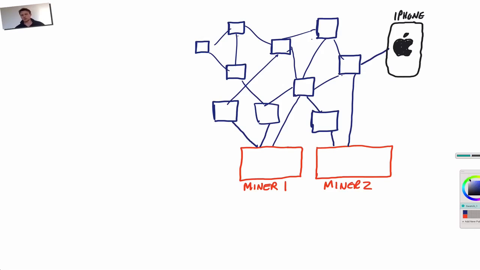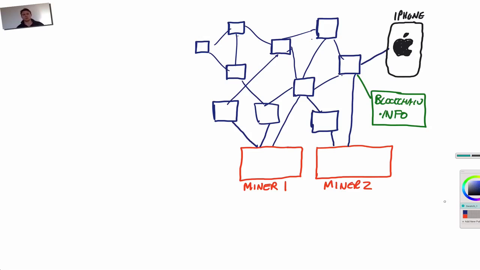One of the nodes I should also draw in here happens to be the blockchain.info website. Right? It's just another node on the Bitcoin network that keeps an up-to-date ledger of the blockchain. Again, one of the absolutely key founding principles of blockchain is that there's no centralized node.